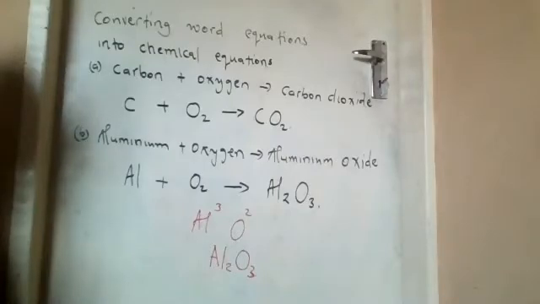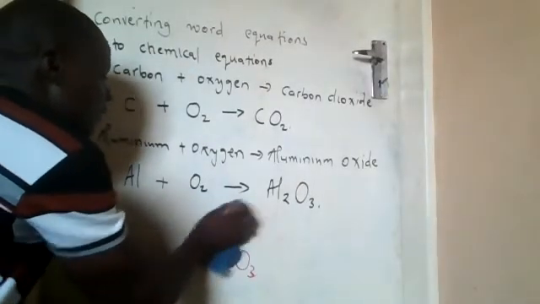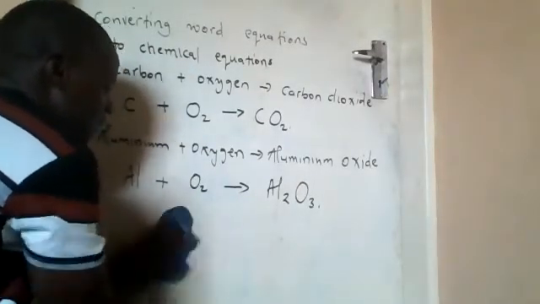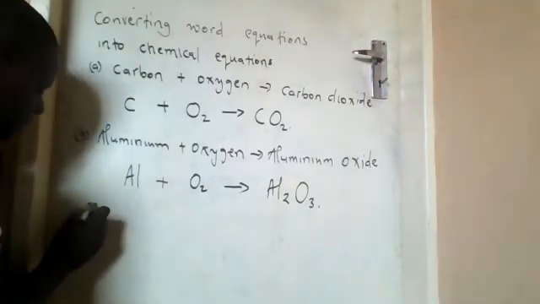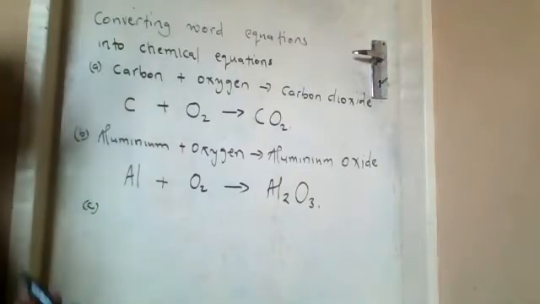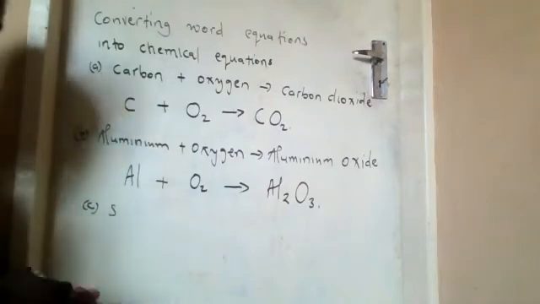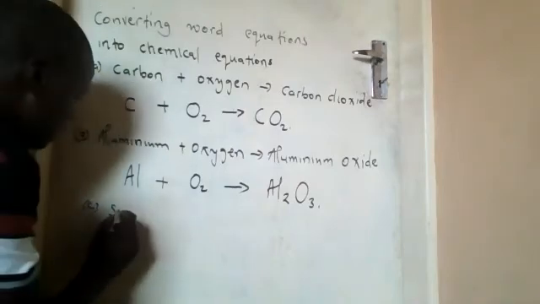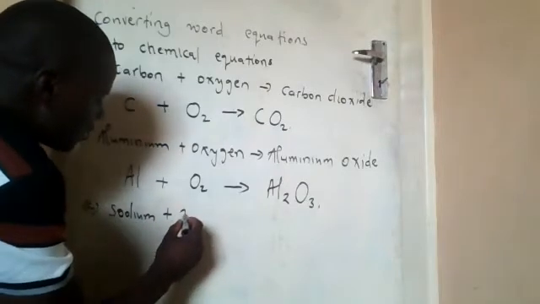Now, what about the second one? What are we having on the second one? Or the third one? So the third one, C, is talking about sodium plus water. So we have sodium plus water.